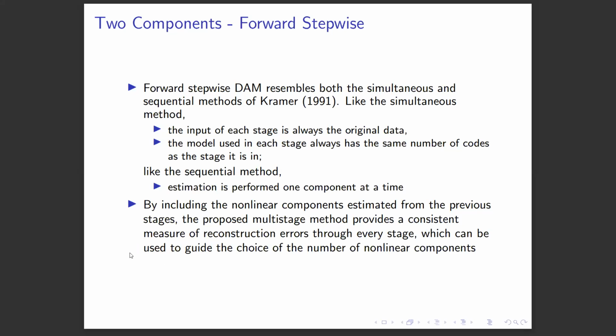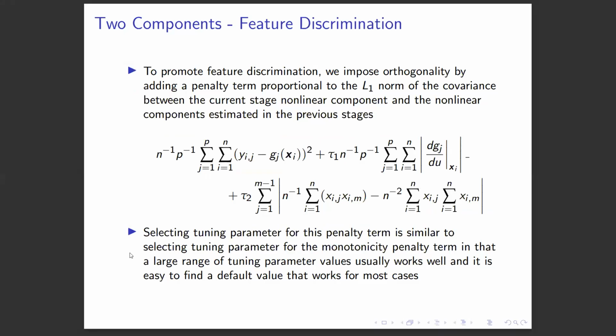By including the nonlinear components estimated from the previous stages, the proposed method provides a consistent measure of the reconstruction error through every stage. This will become clear in the example. Another thing we want to do here is that in PCA, we want orthogonal, uncorrelated components, right? So here we want the same thing, so we can define what orthogonality means.